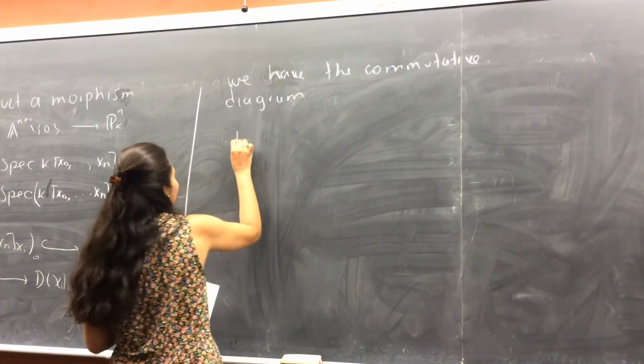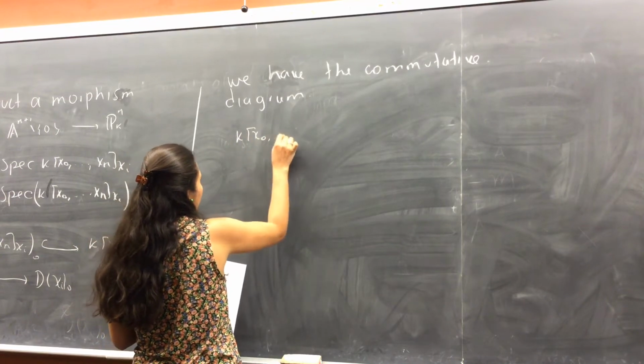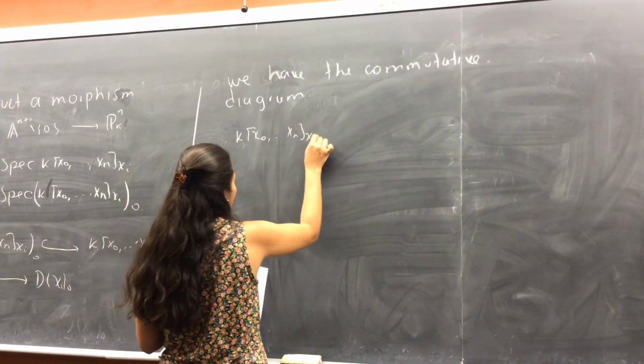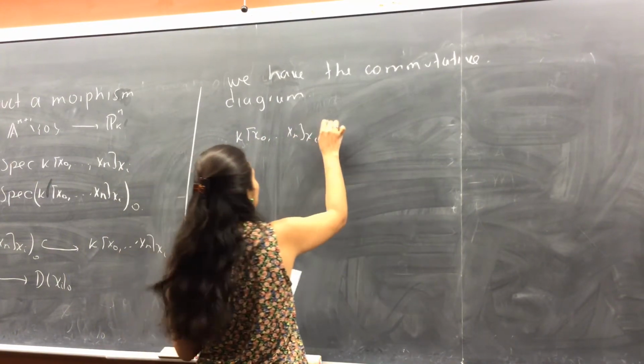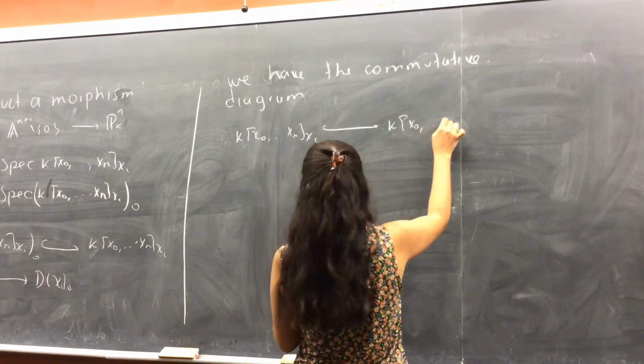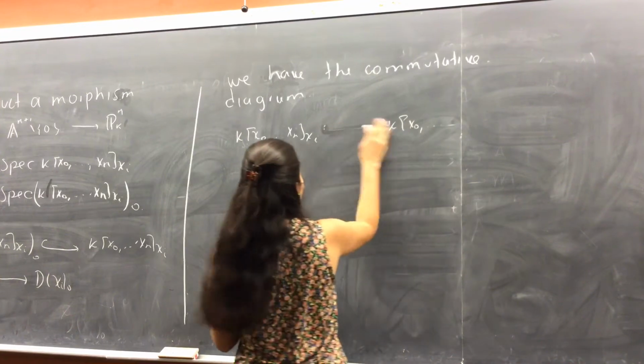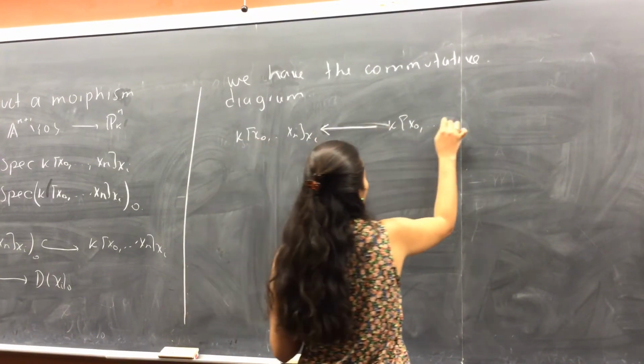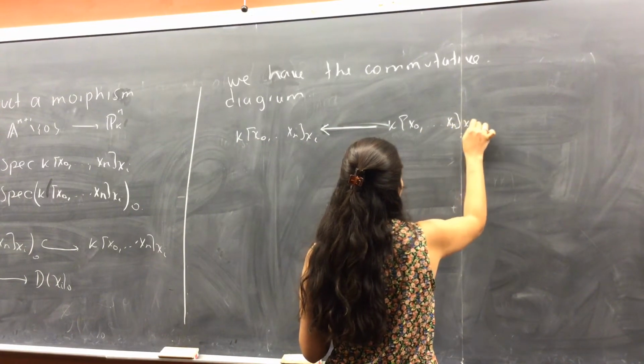I'll just write the order I have here. k[x_0, ..., x_n, 1/x_i], and this inclusion here. Oops, I have it in the other direction. k[x_0, ..., x_n, 1/x_i]_0.